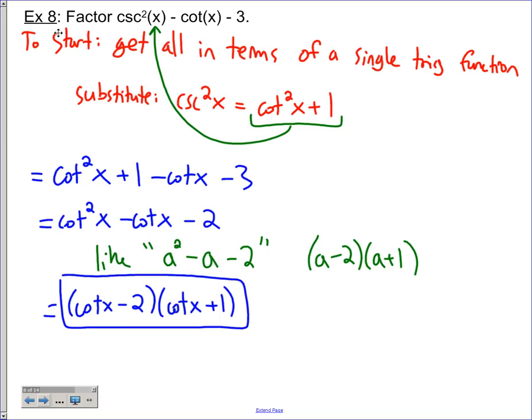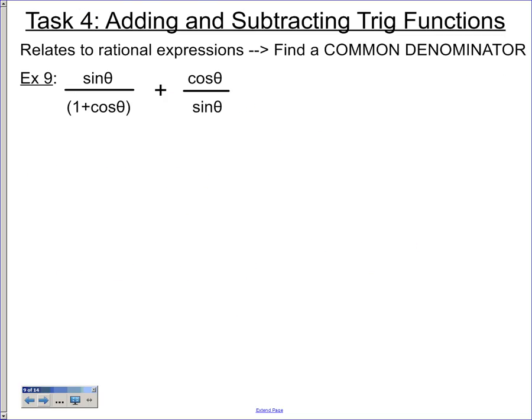All right, two more tasks. Our next task, task 4, is adding or subtracting trig functions. So often you'll have big expressions where you have multiple rational expressions, and you need to get those down into a single expression. So the best way that we know how to do this is finding a common denominator, right? So in this case, we're going to multiply the left-hand expression by sine of theta over sine of theta.